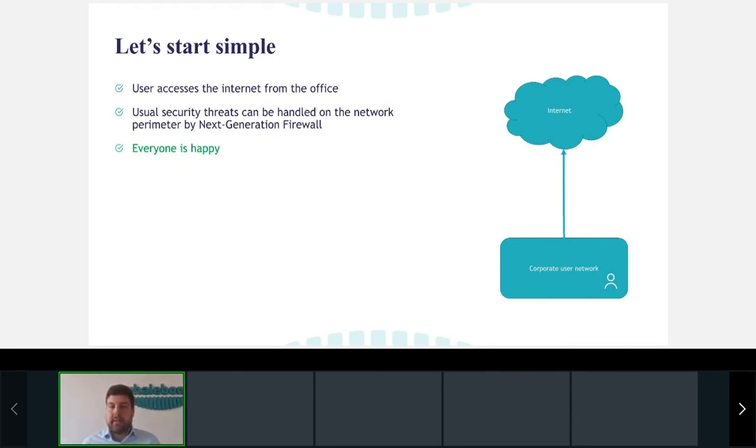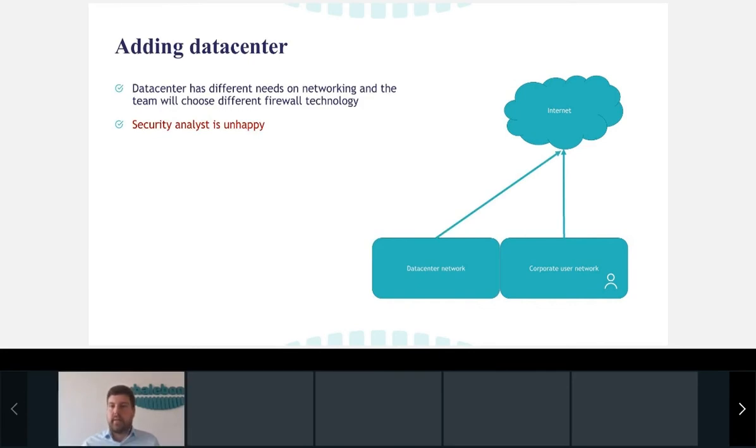All the devices are accessing the internet, the outside networks, via the common perimeter. It's quite transparent. The security analyst is happy. He has a single place to look into. The CISO is also happy. It's quite easy to get a design for this, to secure budget, and to look into the high level reports. Everyone is happy, but this is not how it works in the real world. So let's make this more complicated step by step.